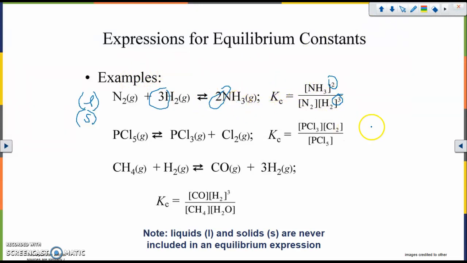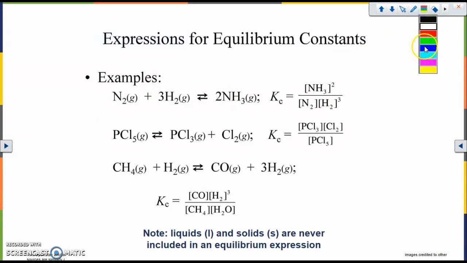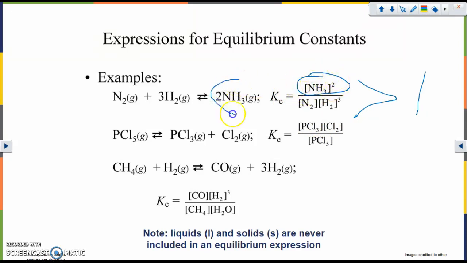Now, why is this very, very important? FYI, this Kc, or equilibrium constant, actually has a bearing for our class. So I'm going to erase all of these things. What happens if we have more products at the end? If we have more products at the end, Kc is going to be greater than 1. If we have more particles on top, and the particles on top are the products, the number is going to be bigger than 1.